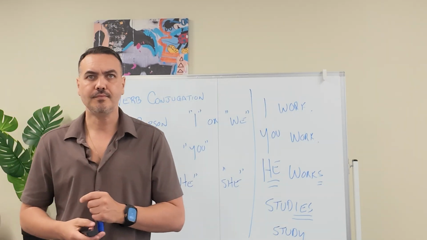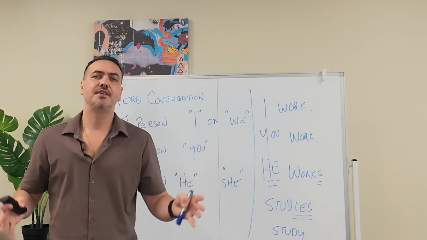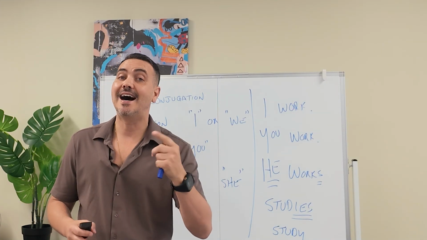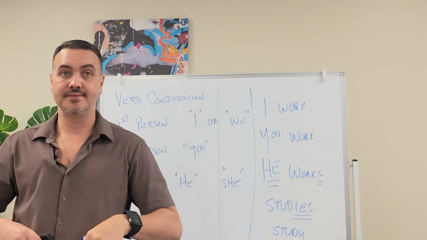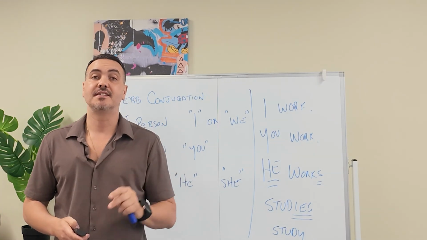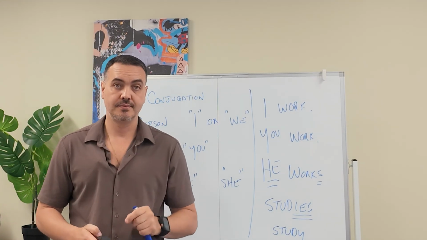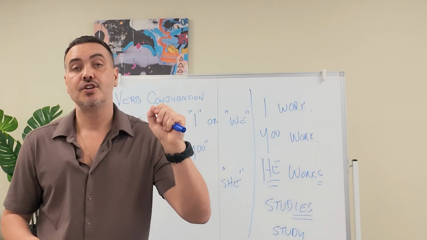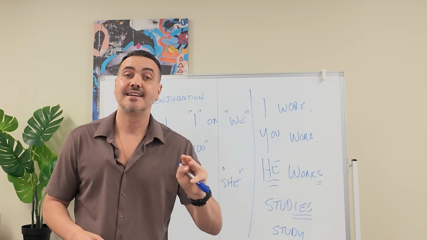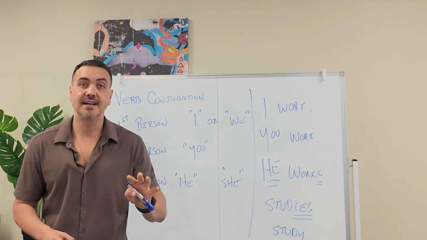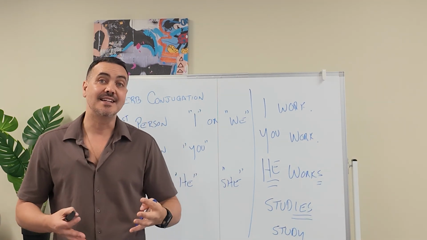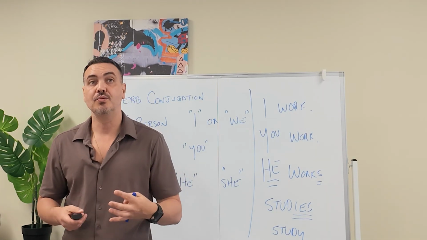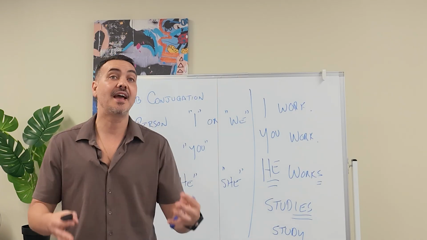Okay? So let's do a final review of everything we've learned today. First person means I or we. Second person means you. Third person means he, she, it, and they. Okay? In the present simple tense, most verbs stay the same with I, you, we, and they.